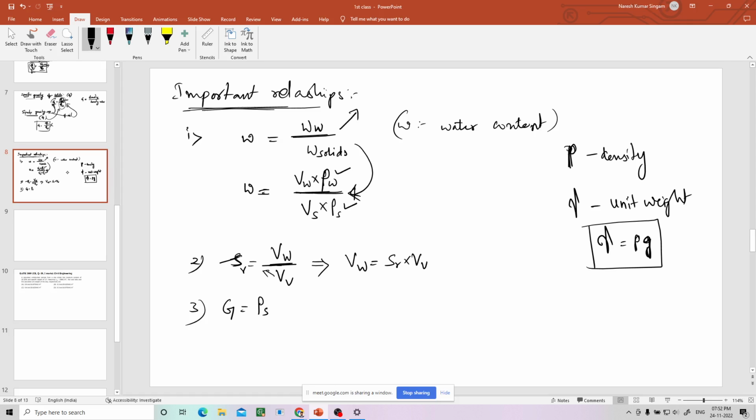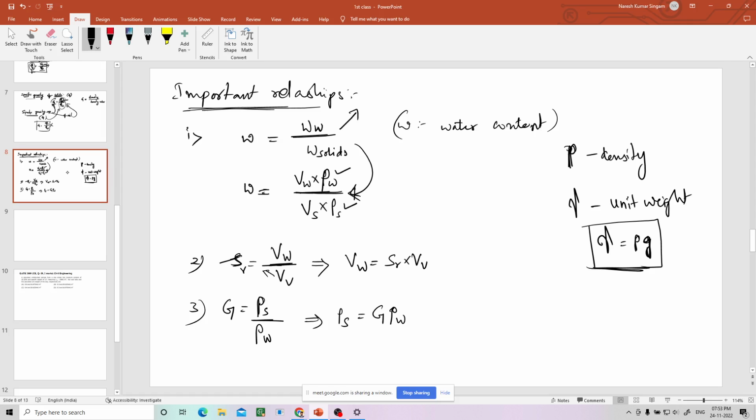It is all the same. So G is density of solids divided by density of water. This is the definition. Now I can convert density of solids into G into density of water.